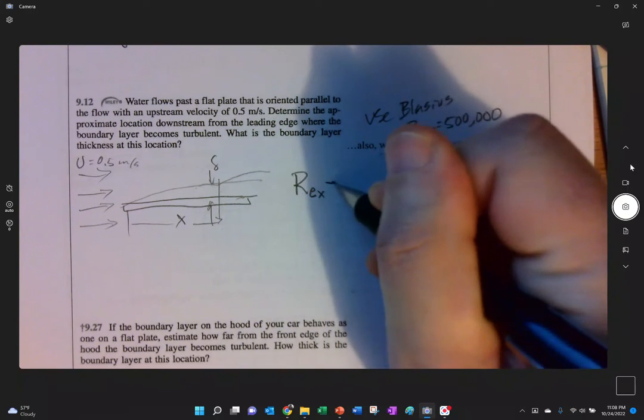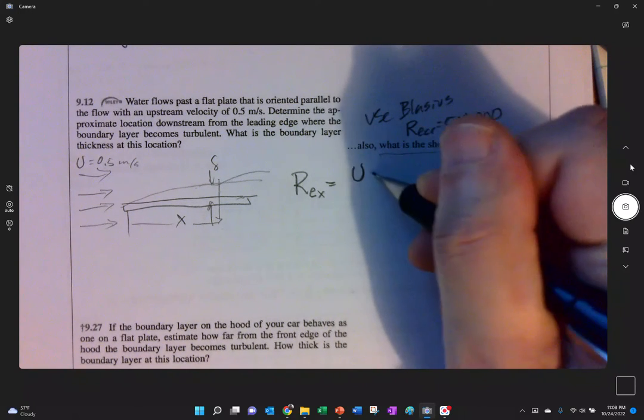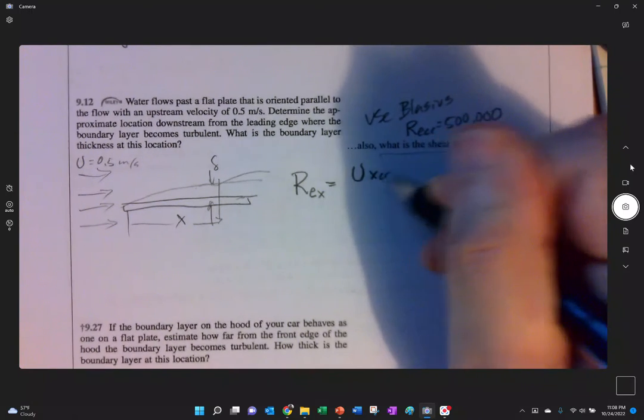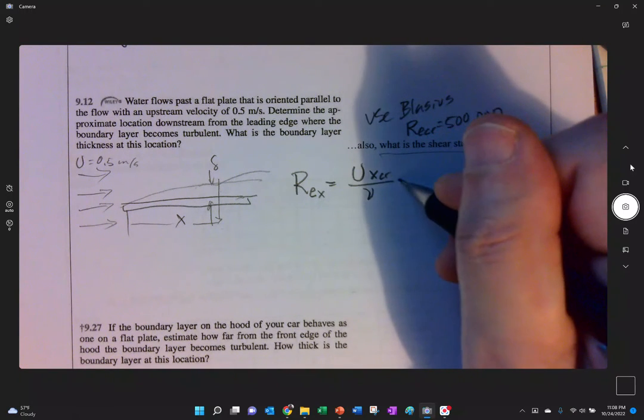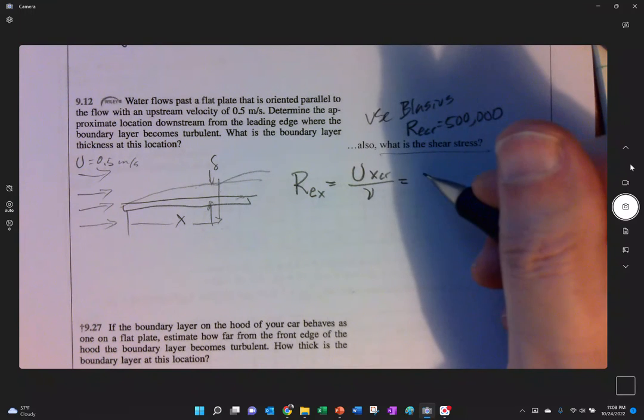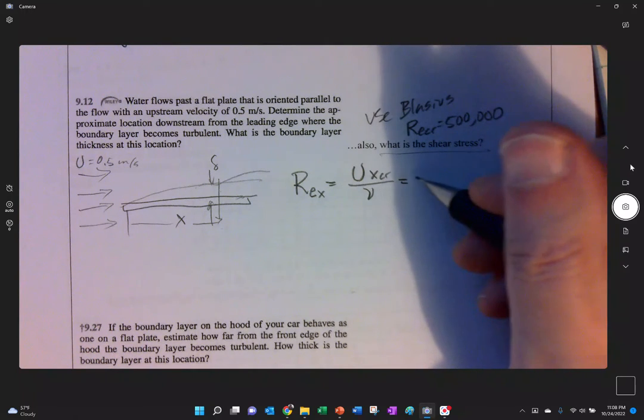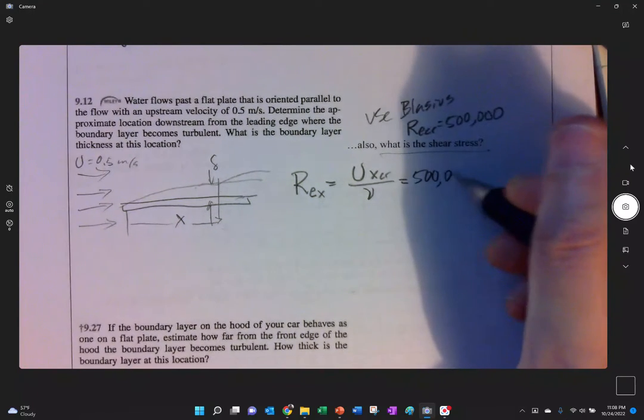So we set Re_x of U times X critical over nu equal to 500,000.